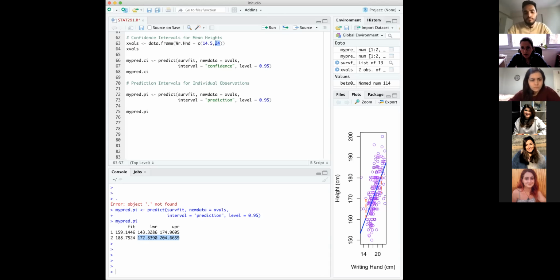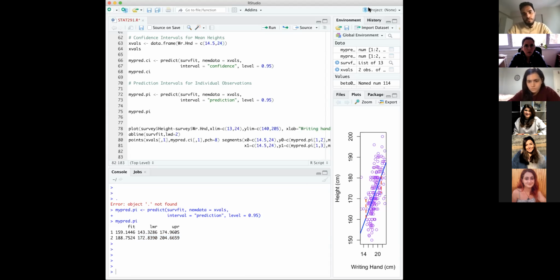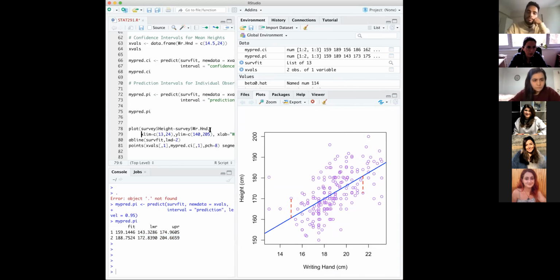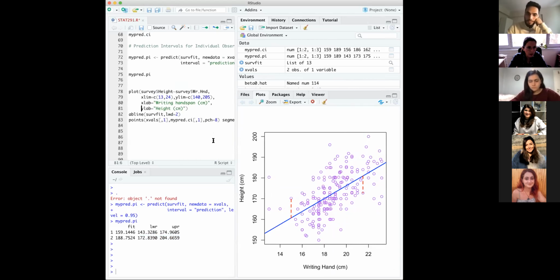Let's say, so maybe I should just send the code to chat because I may not have enough time to write all of them. Where is the chat? Here. I already sent you the code, guys. And when I just run this part, let's say I have my lab.